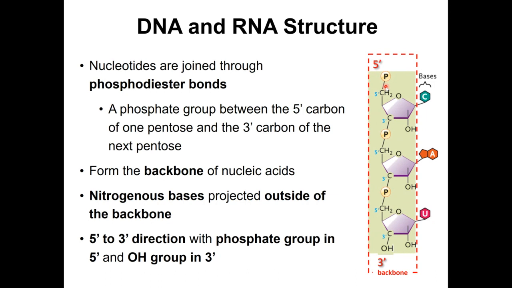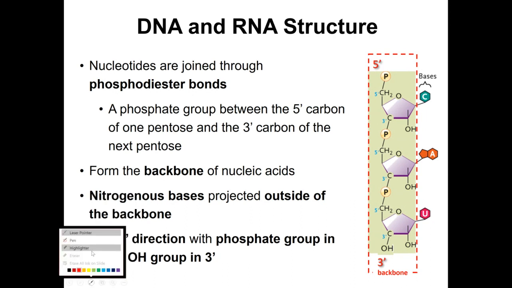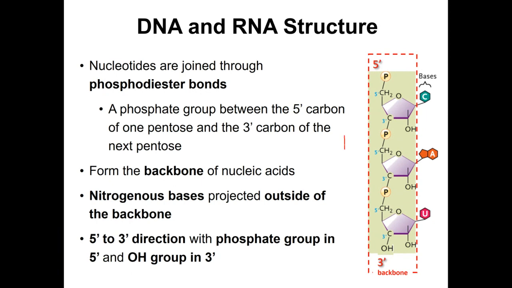Why is this important? When we talk, for example, about DNA replication, DNA polymerase 3 can build a new strand only in the 5' to 3' direction. What does it mean? It means that it will get this strand to grow, let me just use the pen for a second, in this direction, if it works 5' to 3', so this being 5' and this 3'.